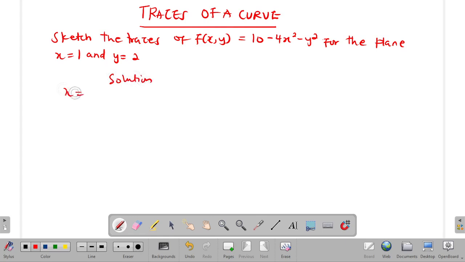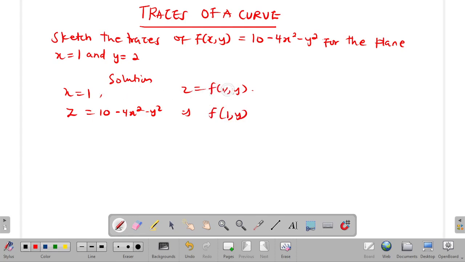So when x is equal to 1, our function, so you know that z is equal to f of x, y. Okay, therefore I'll say that my function z, which is equal to 10 minus 4x squared minus y squared, will now be equal to a function of 1 comma y, because I have x.